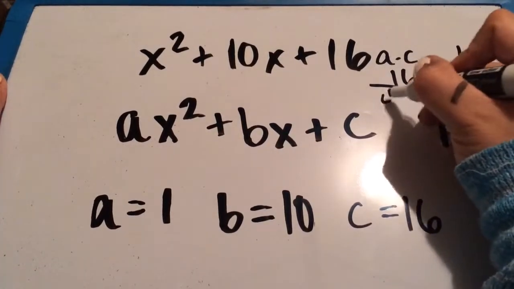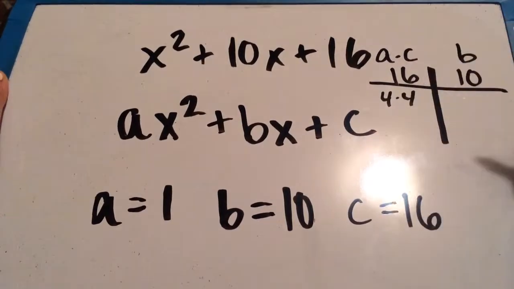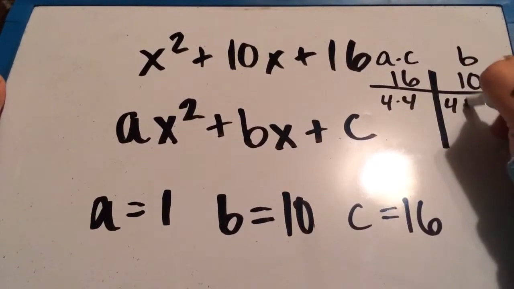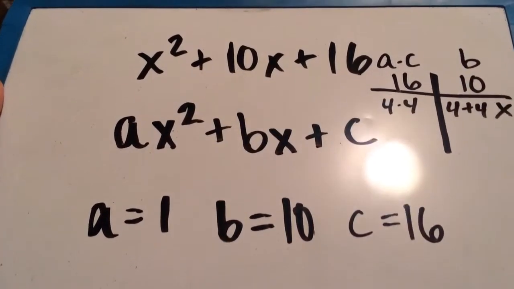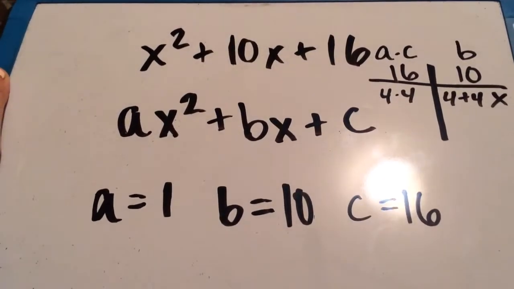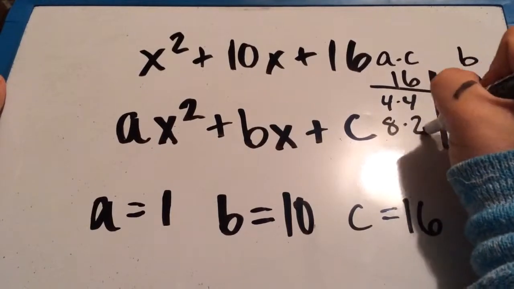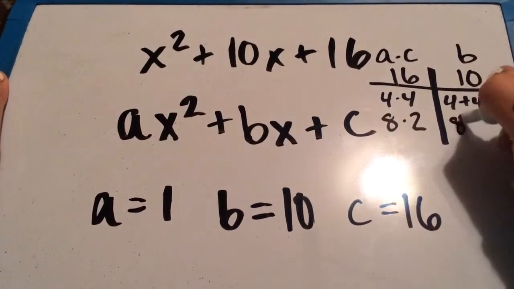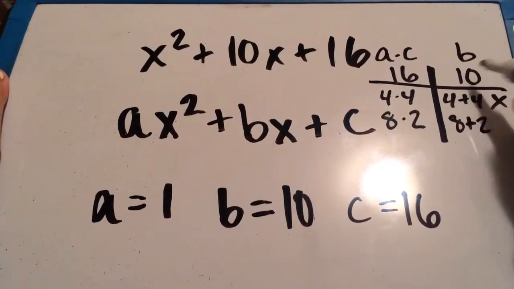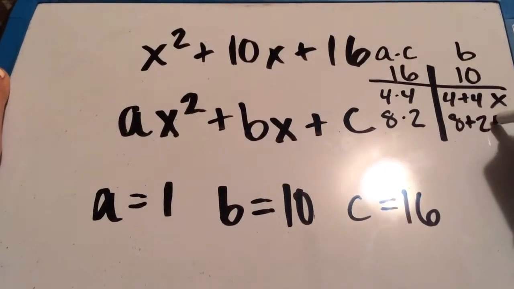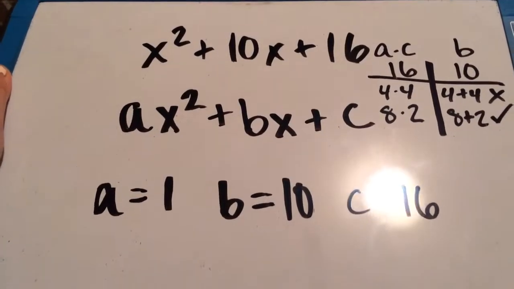Right off the bat, I think of 4 times 4, but 4 plus 4 does not equal 10. Another one would be 8 times 2, right? And 8 plus 2 does equal 10. So that's the one we're going to use.